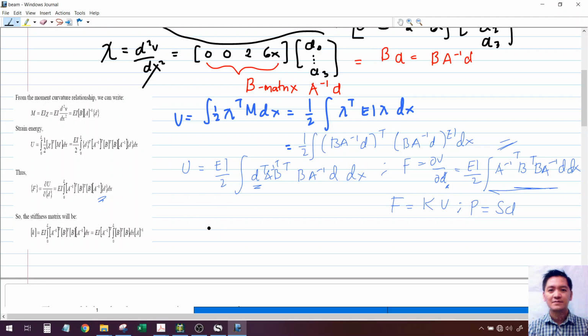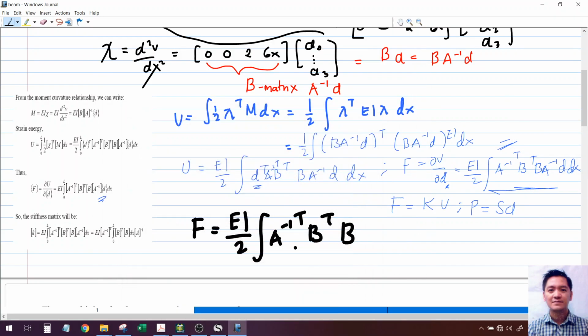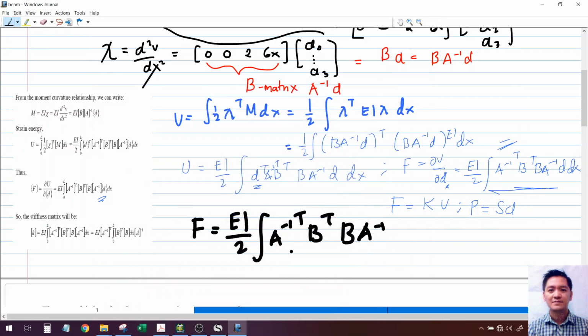So, F equals EI over 2 integral of A inverse transpose B transpose B A inverse D dx.